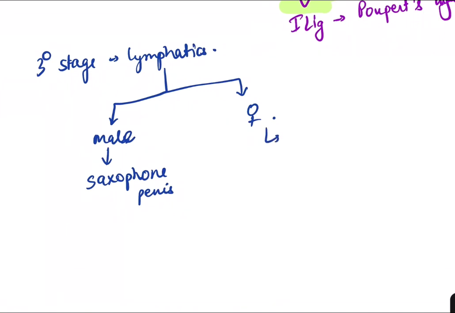And if we see esthiomene, it means it is caused by LGV and it is the third stage. Please remember, it is the third stage. In esthiomene, there is destruction and hyperplastic changes.